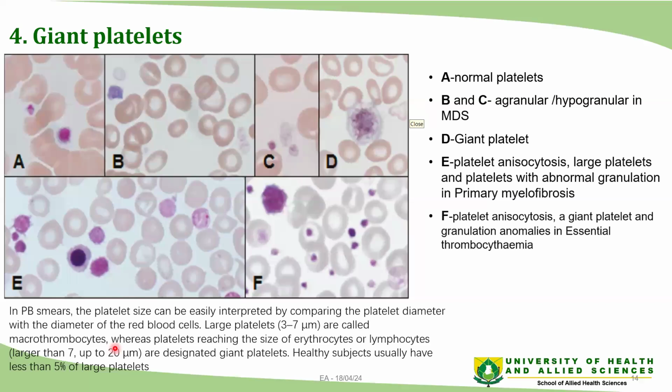And so you still need to go to the blood film to be able to tell whether the thrombocytopenia or the low platelet count you are seeing is really true or not.